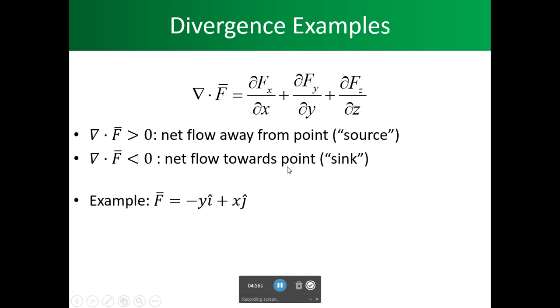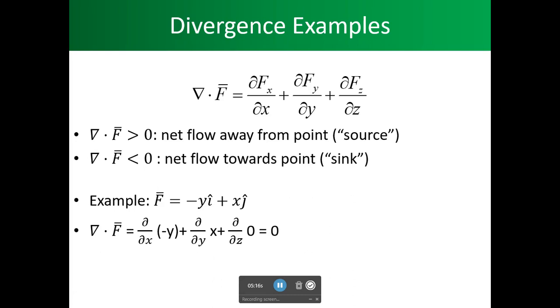So we use a different example, F = -yi + xj. So we're switching the x and the y, and now with different components, and also a negative in front of the i.